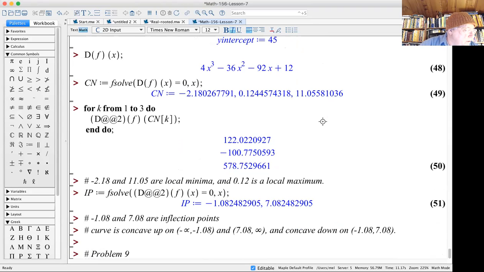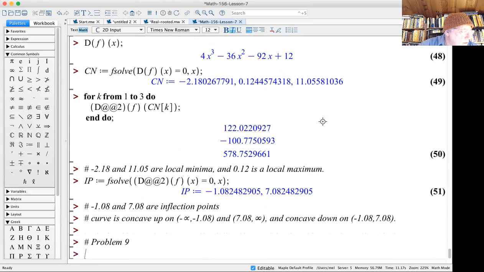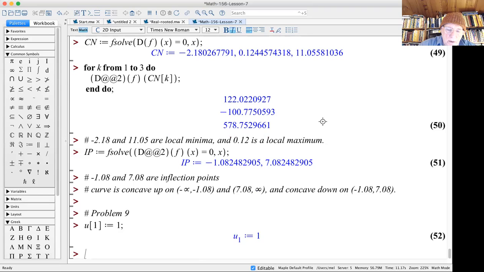Problem 9. We have a sequence defined recursively as follows. U1 is equal to 1. U2 is equal to 2.